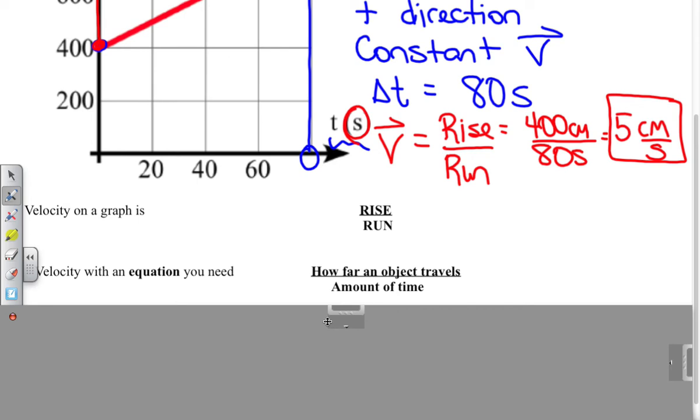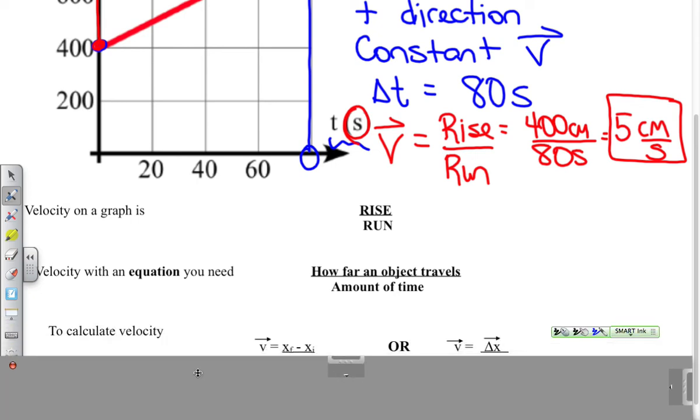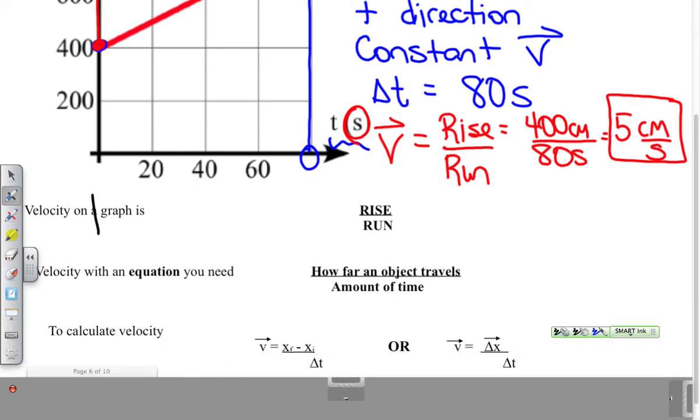So that's a second way that you can figure that out. Now, a third way is to actually use the graph in the equation. If you take a look at the calculation of the velocity, this equation does not rely on the graph, but we can see where those numbers come from the graph.